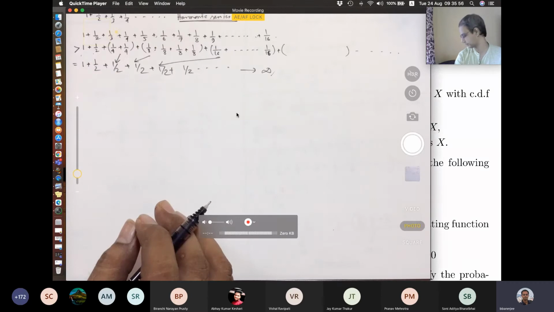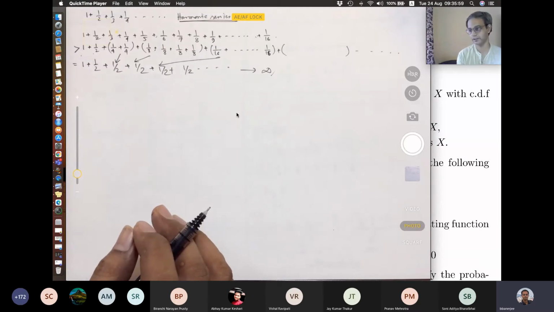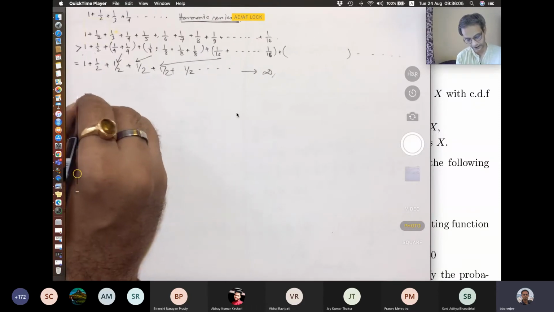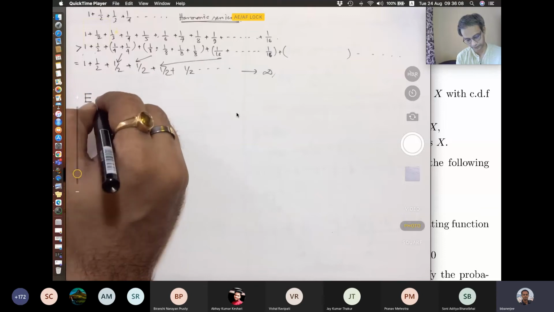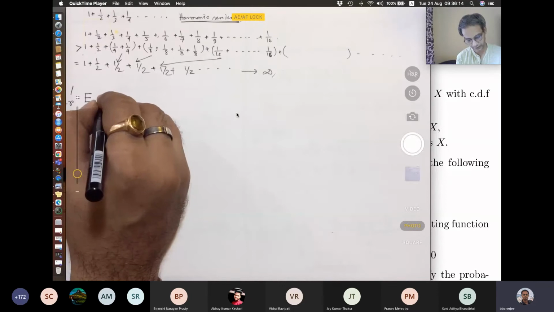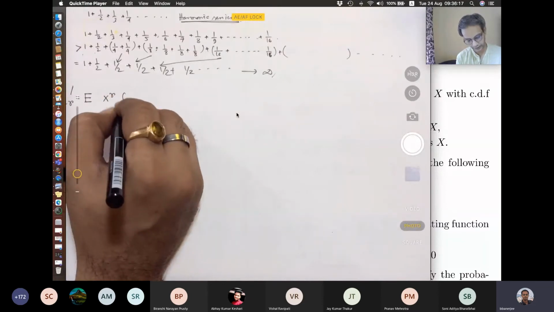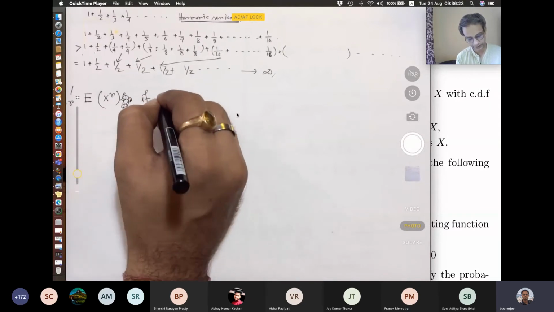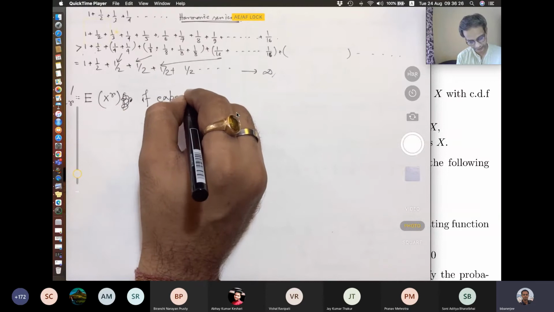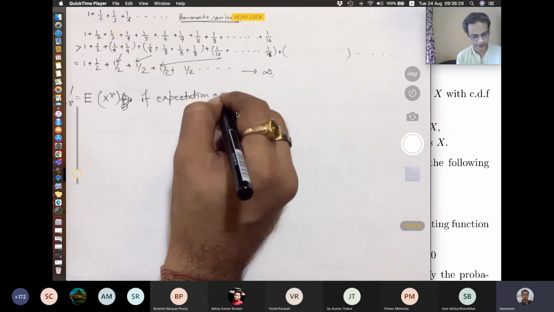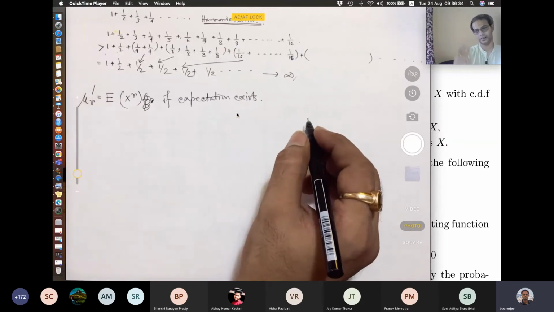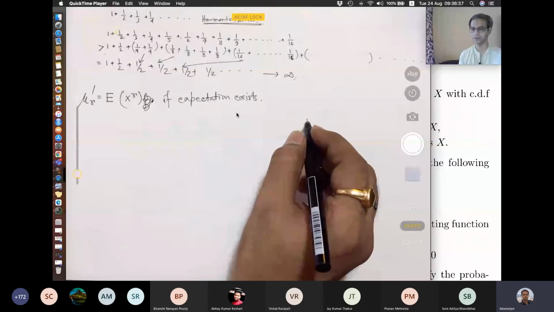Okay, now let us define the moment theoretically in general. mu r prime, expectation of x to the power r, if expectation exists. If expectation exists means those two conditions: if it is discrete, absolutely summable; if it is continuous, absolutely integrable.